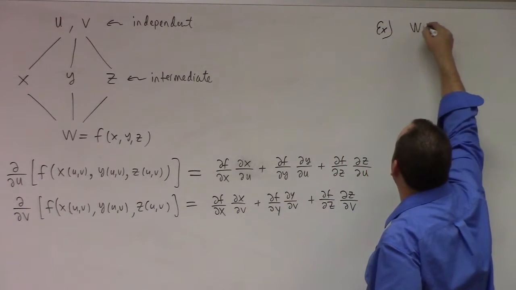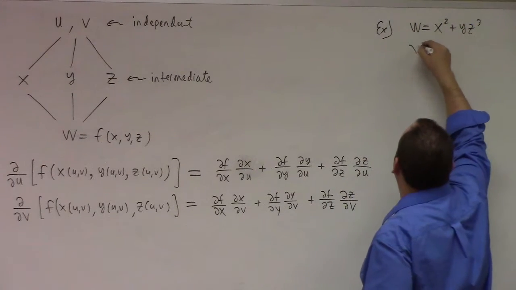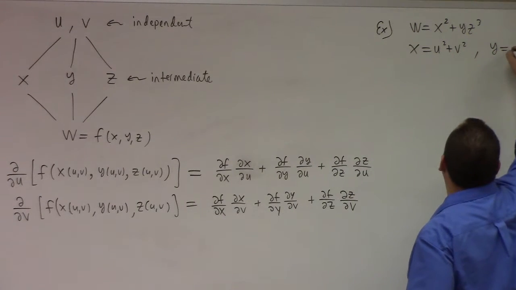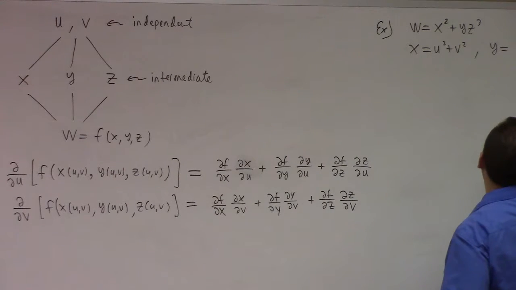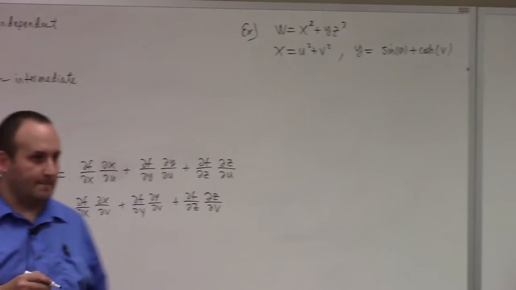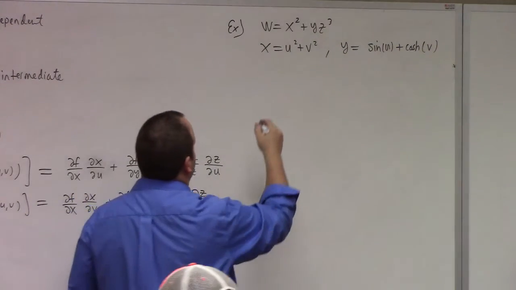So suppose w is equal to x squared plus yz cubed, and suppose x is equal to u squared plus v squared, and let's suppose y is equal to the sine of u plus the hyperbolic cosine of v. What's partial w, partial u?